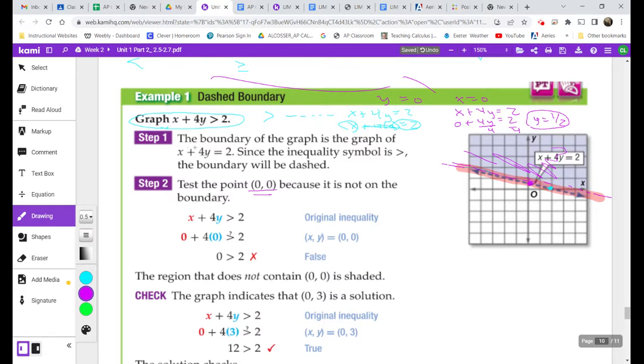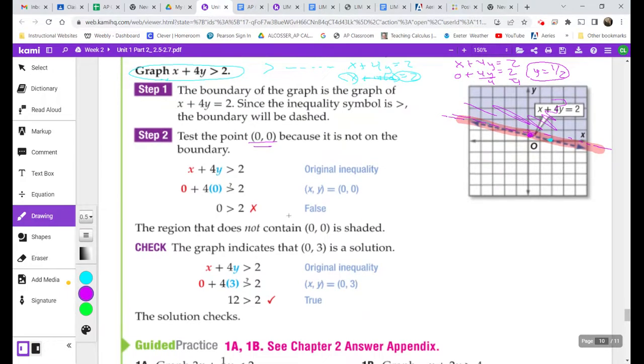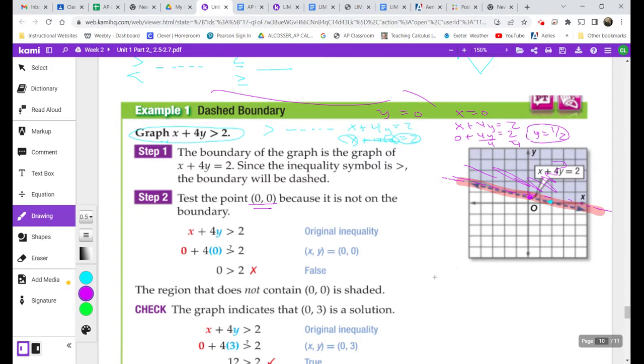I would say let's do this a little differently. What if, and you don't have to, but you can look at it this way. If I said, okay, x plus 4y is greater than 2, let's say I solved for y. I'm going to subtract x from both sides and get 4y is greater than 2 minus x.